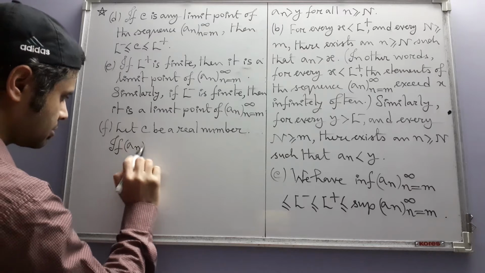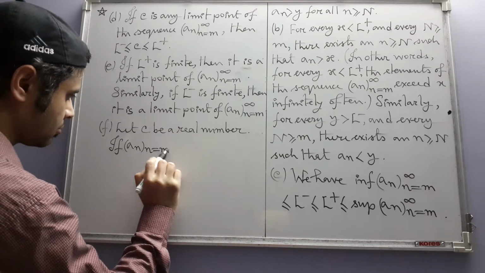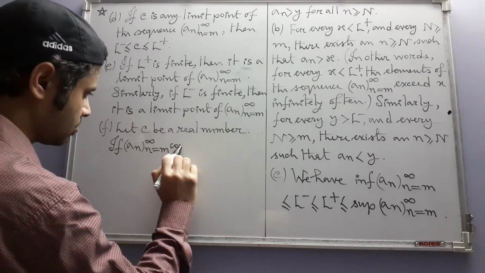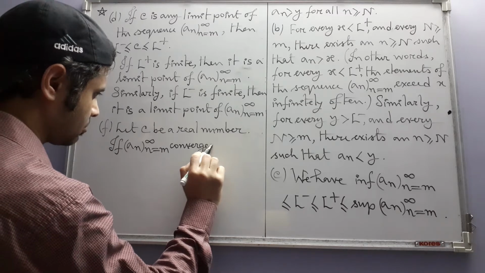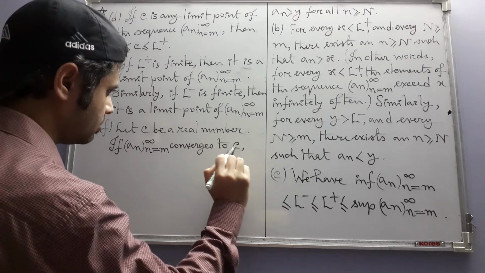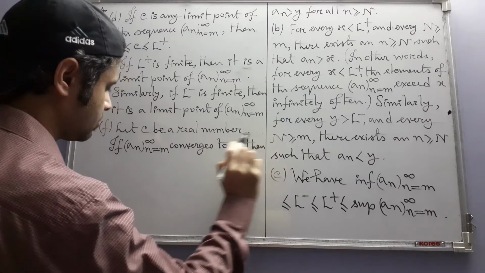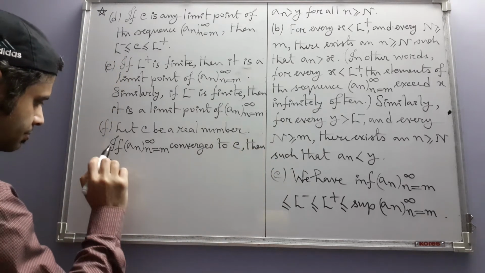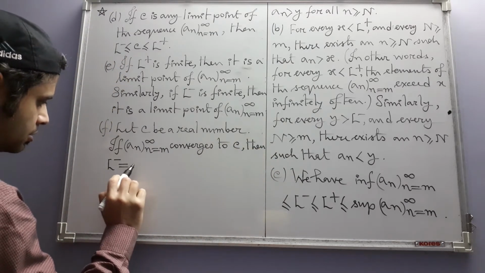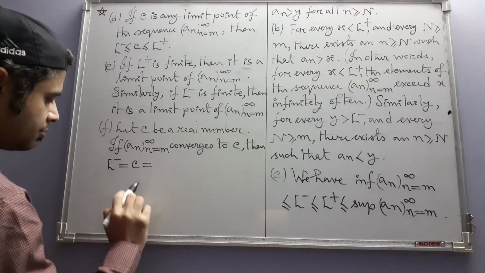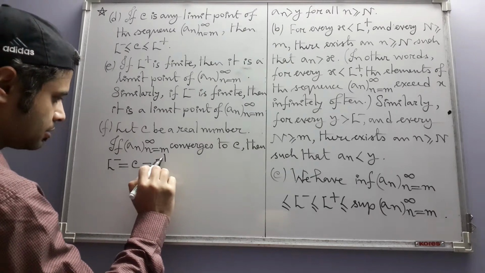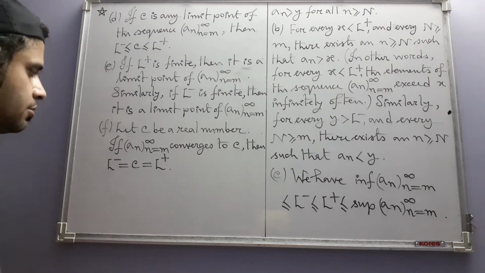If our sequence converges to C, then C is equal to the limit inferior and C is also equal to the limit superior.